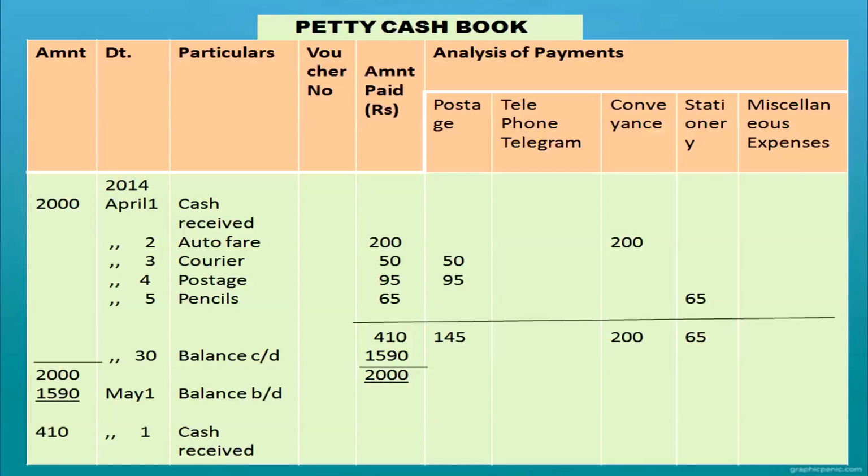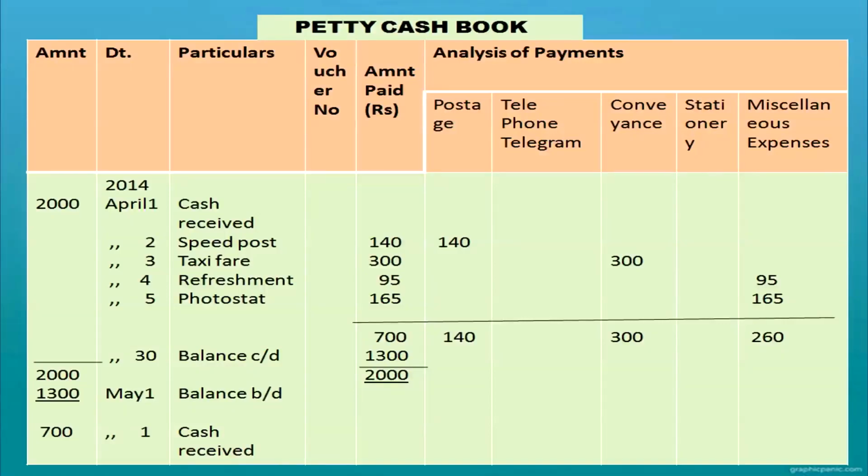It will be brought down in the beginning of next month, May 1st, balance brought down 1590. And the remaining cash will be received. Whatever this petty cashier has spent will be received from the main cashier, that is 410 he spent. So that amount is the cash receipt on May 1st again, the brought down amount and the amount that is received.